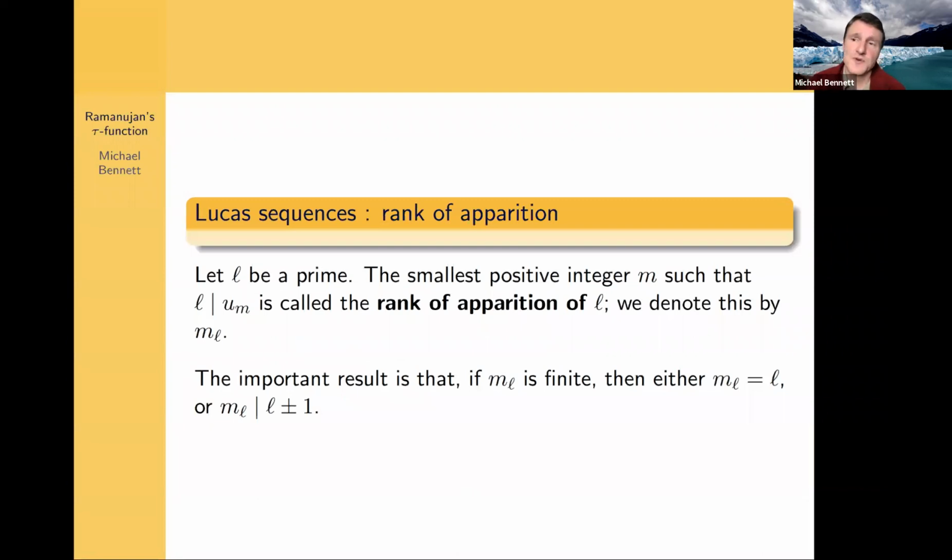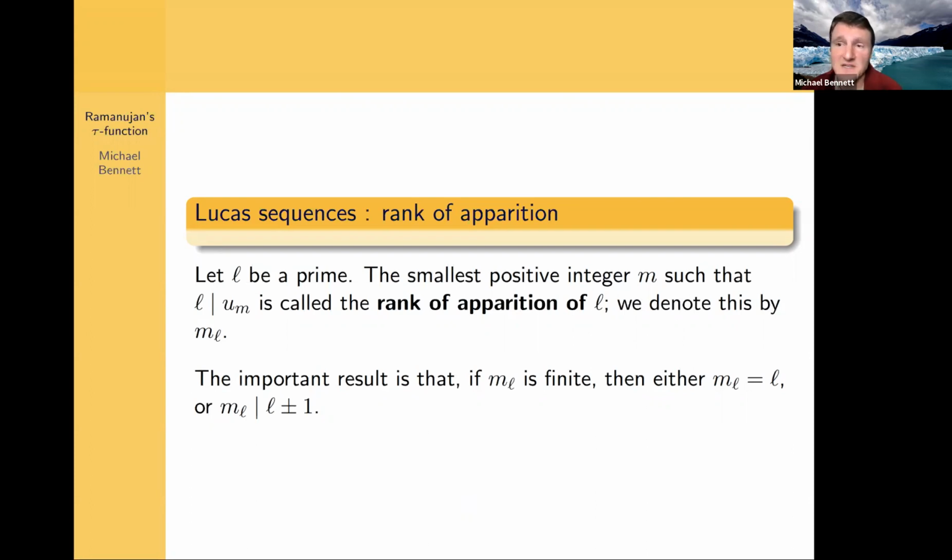And a much older tool is the term called rank of apparition, which is fairly old-fashioned. If a prime is going to show up as a divisor of a term in a given Lucas sequence, or a given recurrent sequence in general, then we call the rank of apparition the smallest index for which that prime shows up.